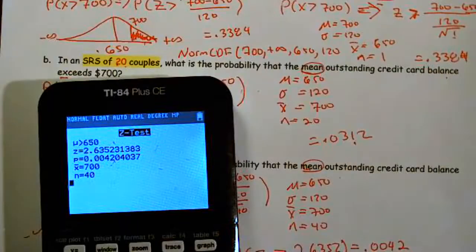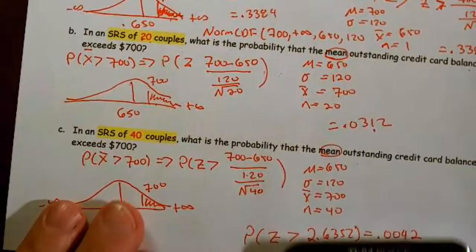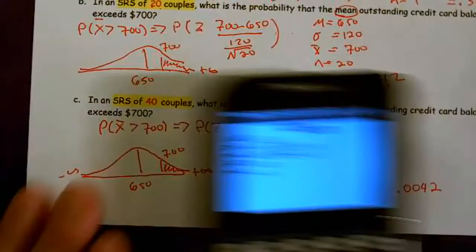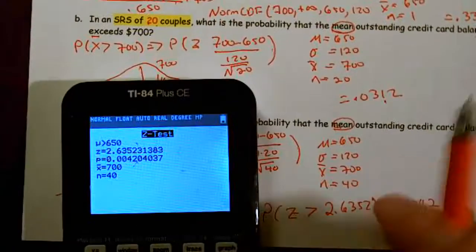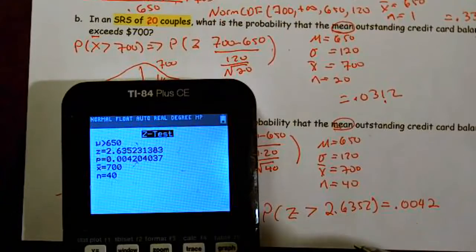All right. And that is central limit theorem. So really quickly, I can use central limit theorem if the underlying population is normal, regardless of the sample size.